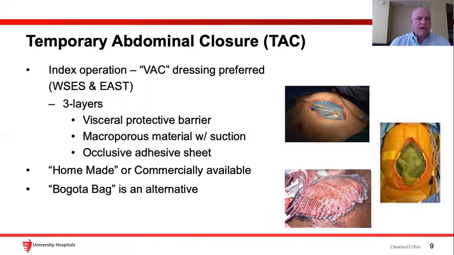If not available, a Bogota bag, in this image, an IV bag cut on seam, can be sewn to the skin or fascia as an alternative. Any plastic sheeting can be utilized in this manner.